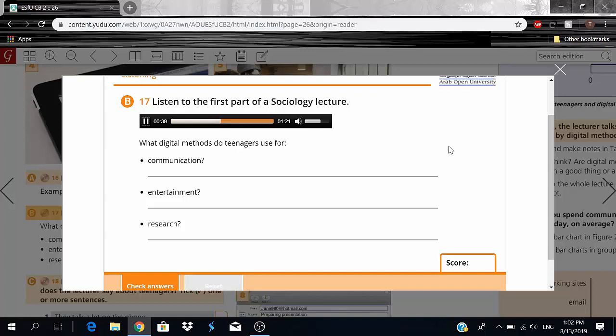Digital methods use a computer in some way. Communication methods include emails, text messages, and cell phone conversations. They also use digital methods for entertainment. Entertainment methods include MP3 players. Finally, they often use digital methods for research. Research methods include search engines like Google, and they also include websites.